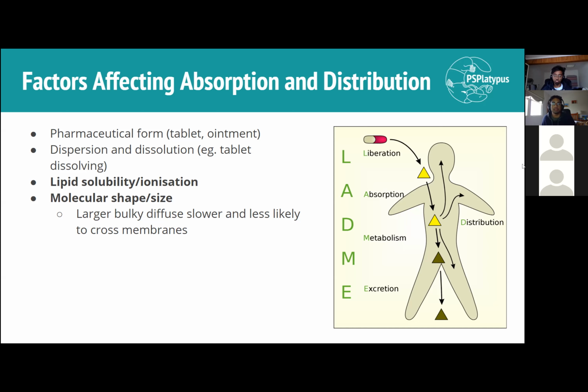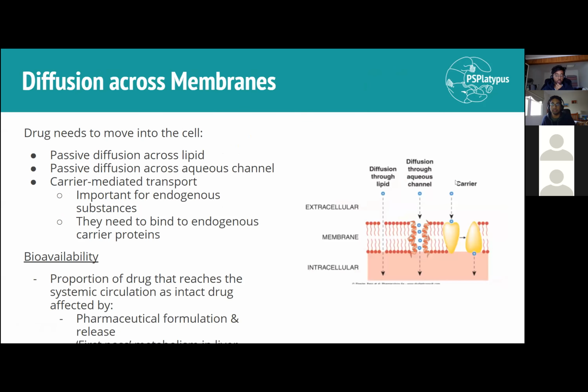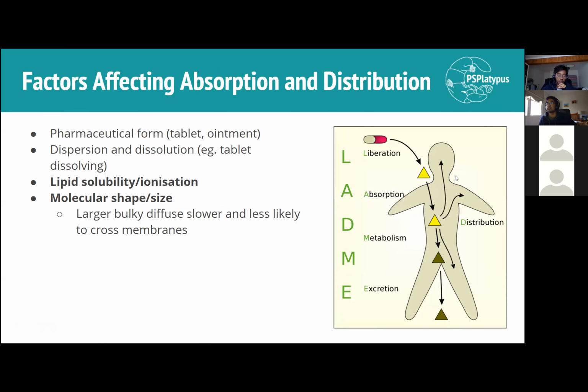That's just an example of how this factor can affect absorption and distribution. Diffusion across membranes. So there are a lot of different ways that drugs can diffuse across membranes. And this is obviously relevant to the solubility stuff.